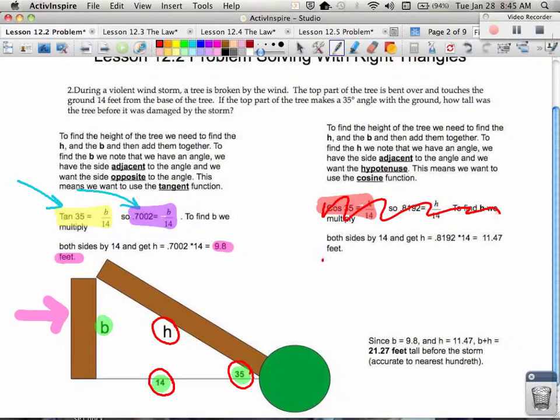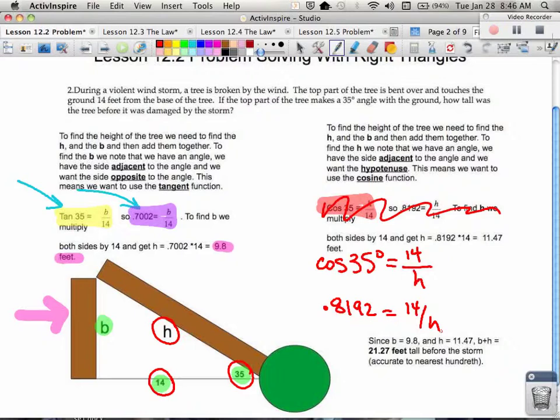It should say the cosine of the 35-degree angle is equal to the adjacent side, 14, over the hypotenuse, called h. So I type in the cosine of 35 degrees, and I get 0.8192, and this should be 14 over the h.